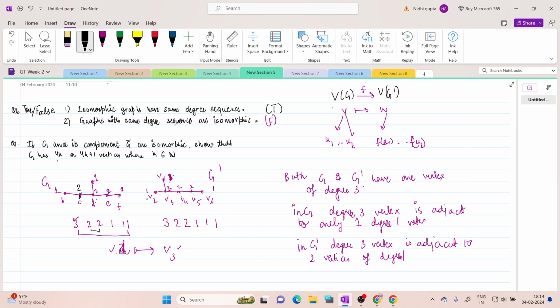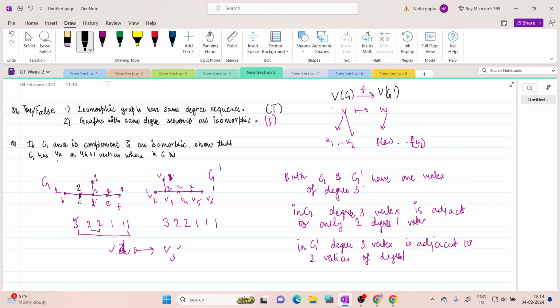So another reason why they cannot be isomorphic is this. There are two degree 2 vertices, which are C and E. Here it is V4 and V5. So C should go to either V4 or V5, and E also should go to V4 or V5 in an isomorphism.